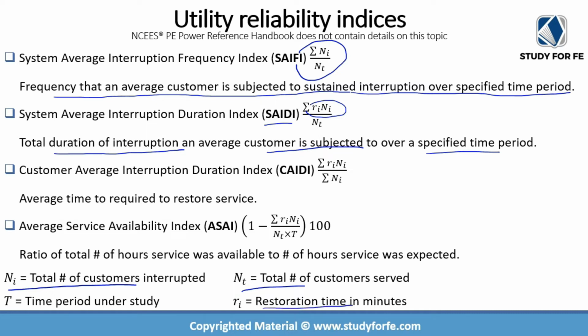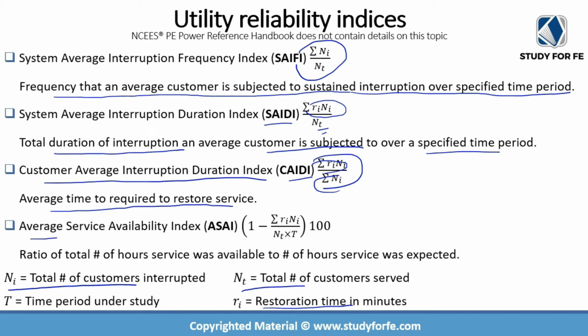So that is how long each outage is going to last, and you divide it by the total number of customers that are served. We also have customer average interruption duration index, CAIDI, which is very similar to the previous one, but it is the average time required to restore the service, and it is RI times NI, the sum in the numerator divided by the total number of customers that are interrupted.